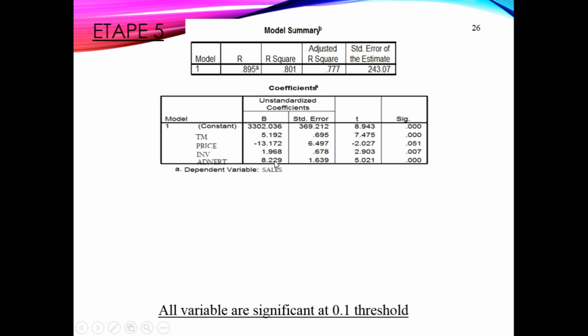Advert and price are very sensitive variables, because decreasing price a little bit can have a high impact on the sales of the company.